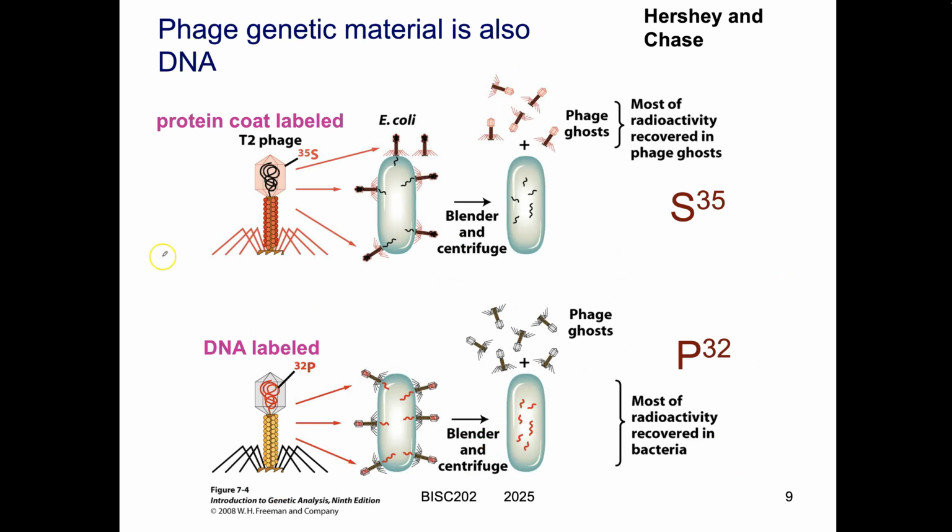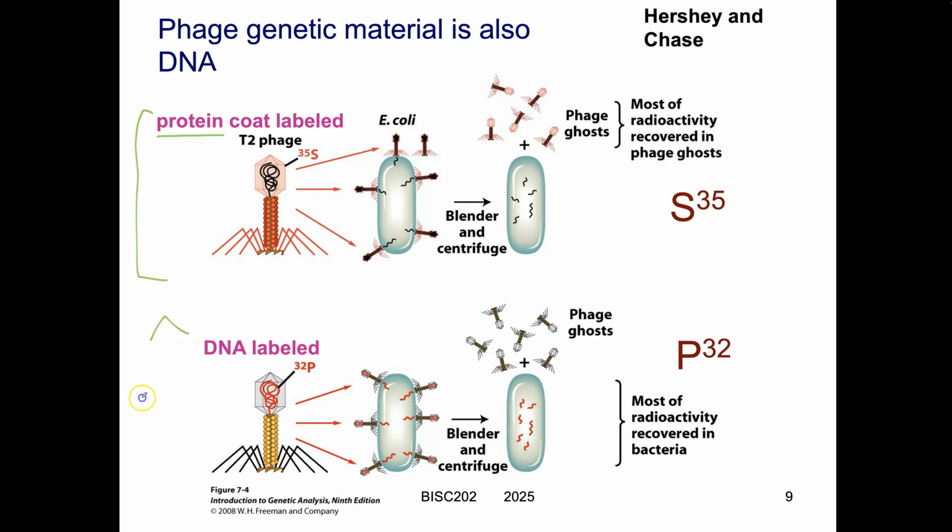And then phages are a type of virus that look like spaceships to me, alien spaceships. They specifically infect bacteria. And so this experiment was done with two different samples. One sample was radioactively labeled with S35, radioactive sulfur, and that labeled protein.